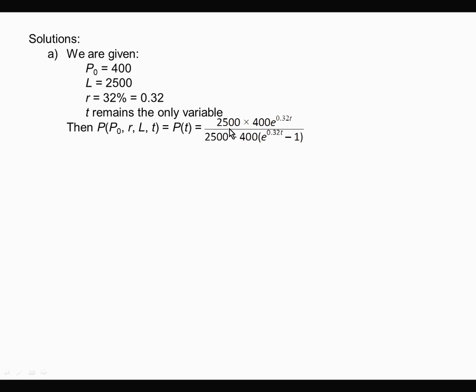I'm going to do 2500 times 400. So what is that? 1 million e to the 0.32t all over 2500 plus 400 times e to the 0.32t minus 1. There's the answer to part A. Notice we've got huge numbers.